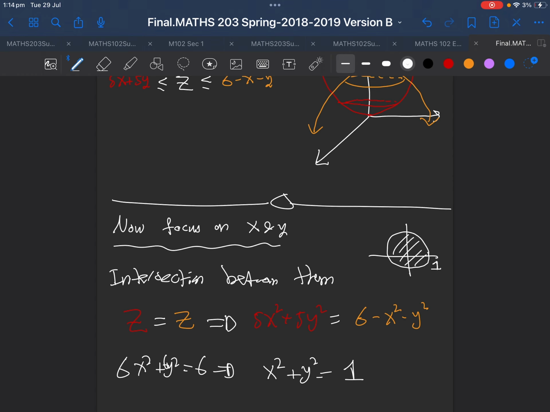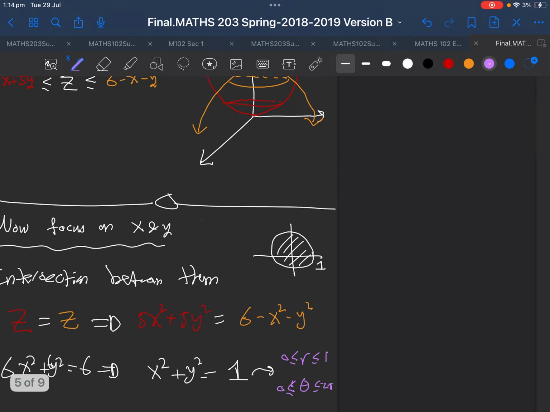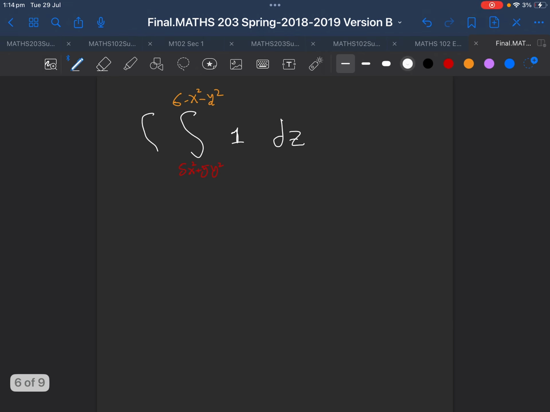Now, how do we find an integral where we have a circle of radius 1? We change into polar. So r between 0 and 1, theta between 0 and 2 pi. So we go back here and do the integral from 0 to 1, integral from 0 to 2 pi, and now we have dr d theta.